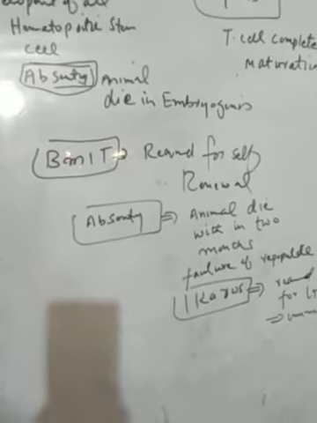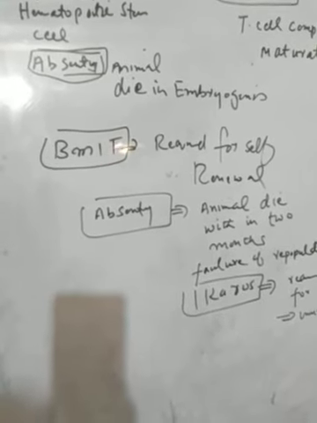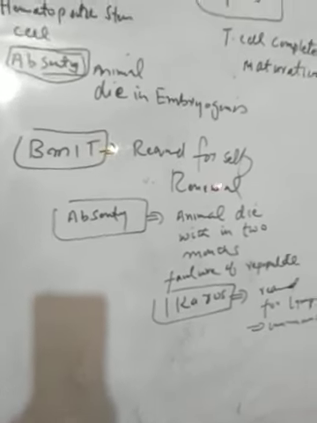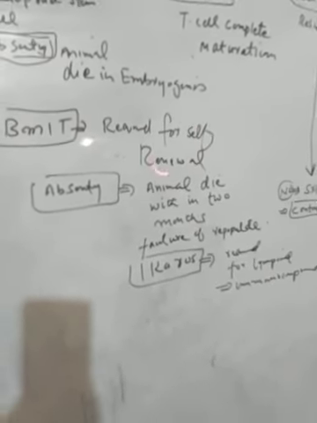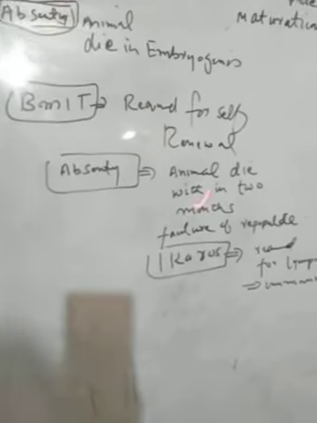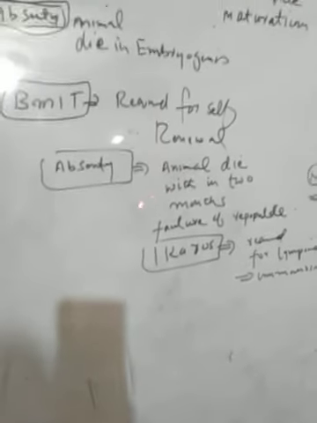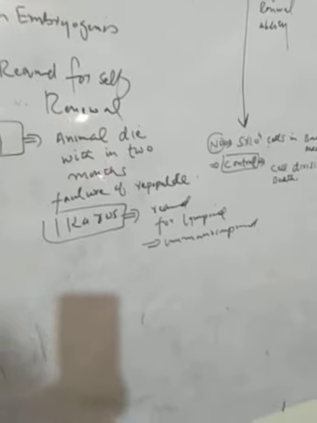Another factor is BMI 1. It is BMI 1, not BMI 2. BMI 1 is required for the self-renewal process of hematopoietic stem cells. If BMI 1 is absent, what will happen? The animal will die within 2 months. Why?